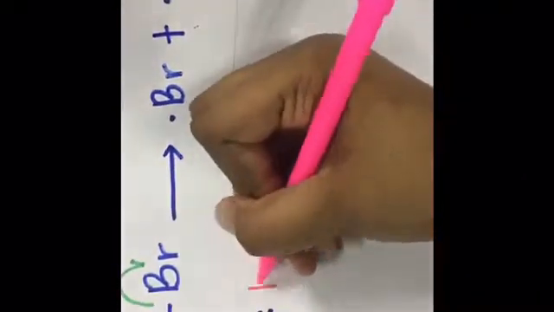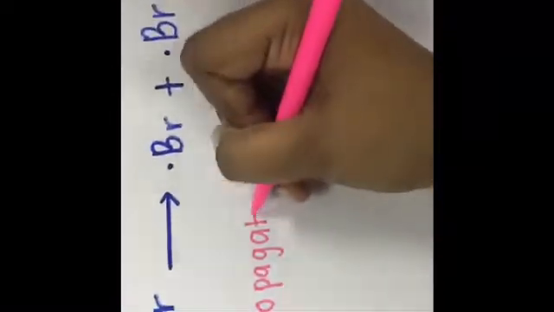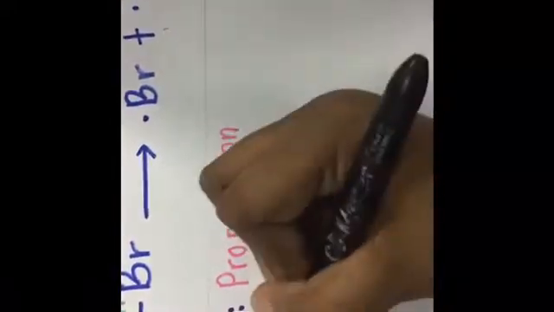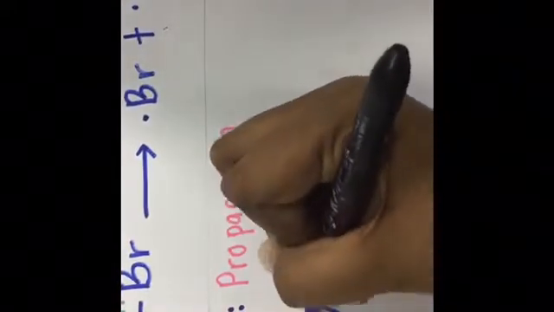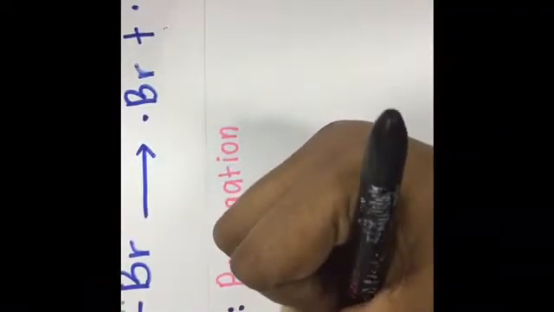So, the second step is propagation. Propagation is the step where one radical generates the formation of another. The compound has hydrogen at every carbon.